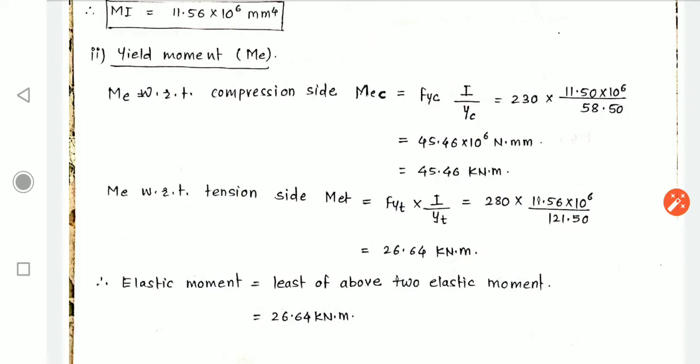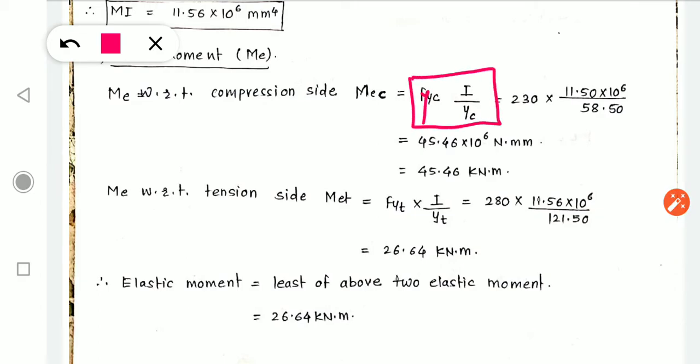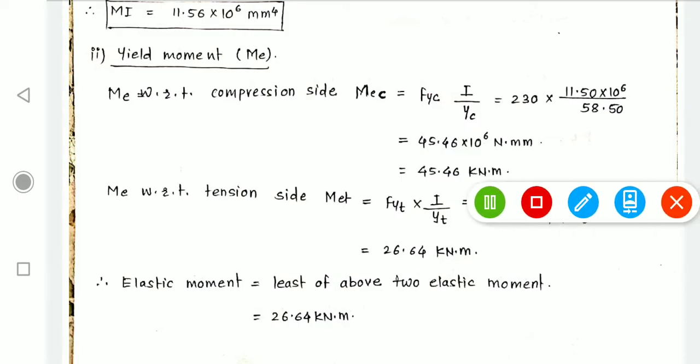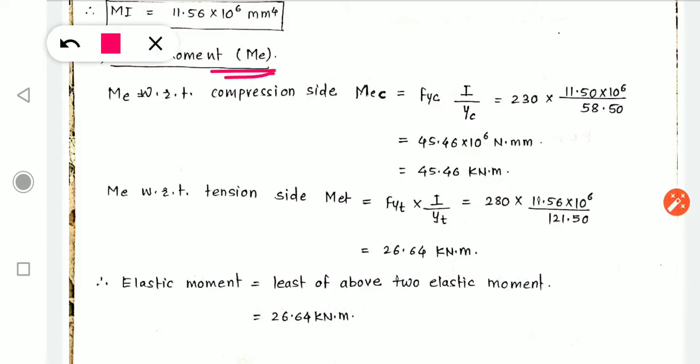Now let's calculate ME. So the ME formula is f y c. Why am I writing YC now? Because we are calculating the moment of inertia separately for the compression side and separately for the tension side. So when I am calculating ME for compression, I will take f y c into I, which remains the same for the section, divided by YC.